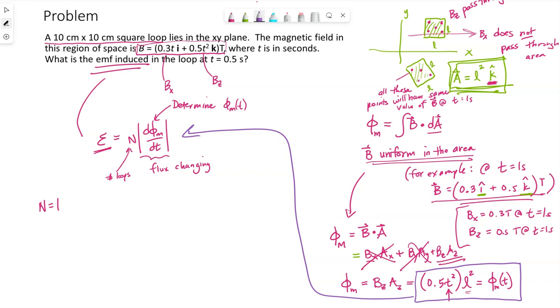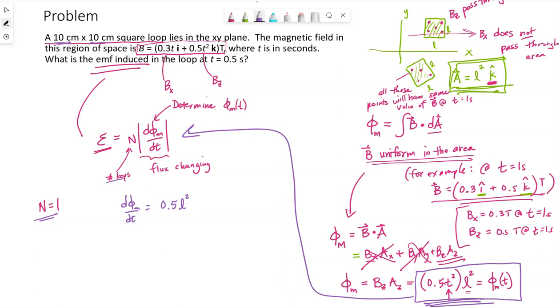EMF. Number of loops in this case we already know is 1. The derivative of the magnetic flux with respect to time. So this equation we just came up with for flux, we need to take the derivative of that with respect to time. So we have the 0.5, that's a constant. The L squared is representing our 10 centimeters by 10 centimeters.